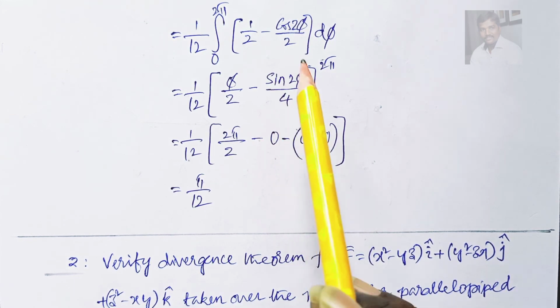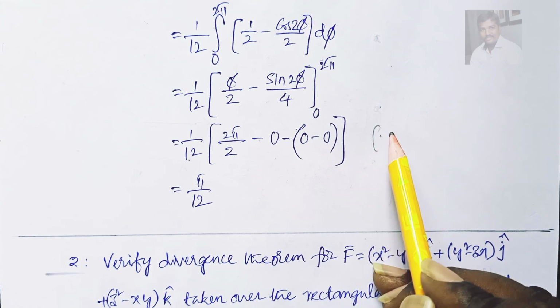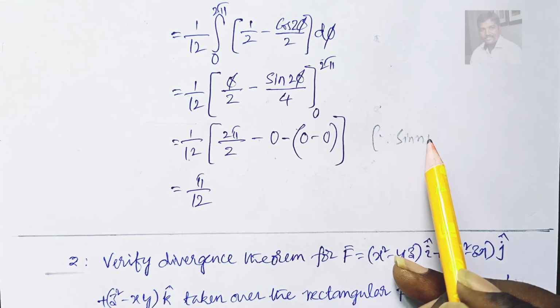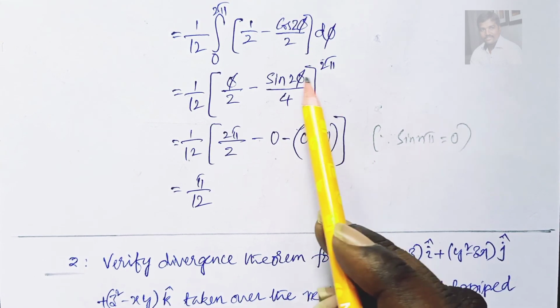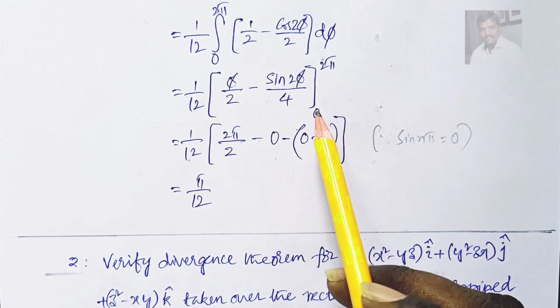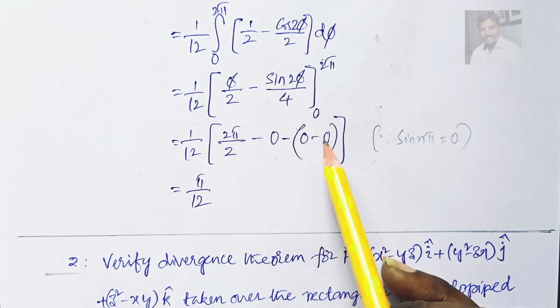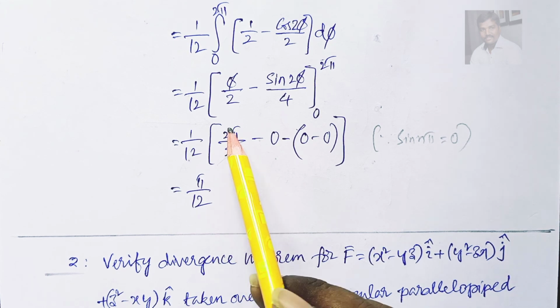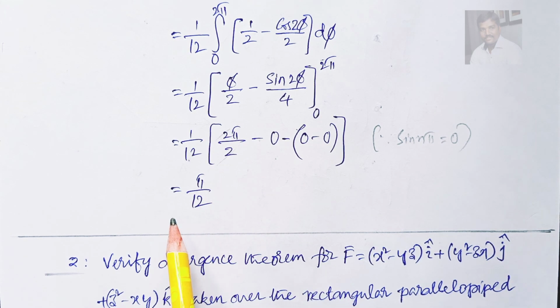Since sin n pi is equal to 0, sin 4 pi is 0, minus the lower limit, 0 minus sin 0. So the 2 gets cancelled here, and we get the value pi by 12. I hope you understand. Thank you.